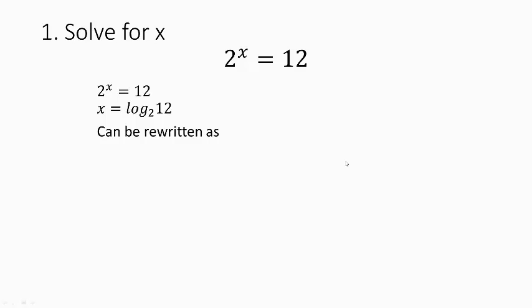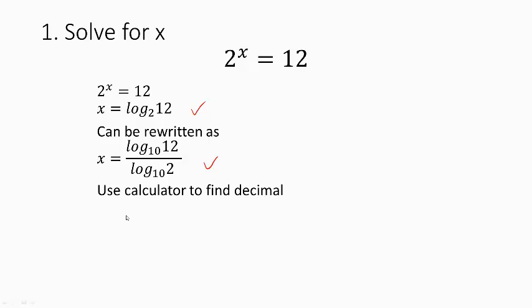I can rewrite that to base 10. x equals log to the base 10 of 12 on the top line, log to the base 10 of 2 on the bottom line. Now, if this was a calculator-free situation, you could leave your answer like that, or you could leave your answer in the other form, depending on what the question says, and both of those would be correct. If we're in a calculator-enabled situation, they might ask you to give your answer in decimal places.